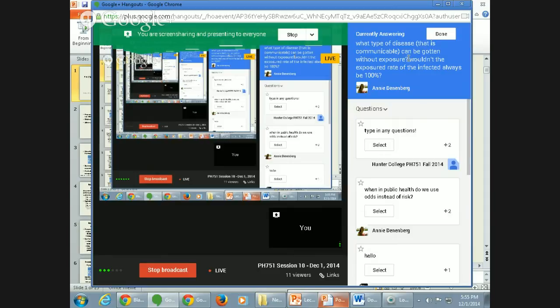So, lung cancer, smoking, well, that's a non-communicable disease. HIV, multiple partners. In general, your exposures are not just no possibility of getting the disease versus some possibility. They're a potentially lower risk to a potentially higher risk.